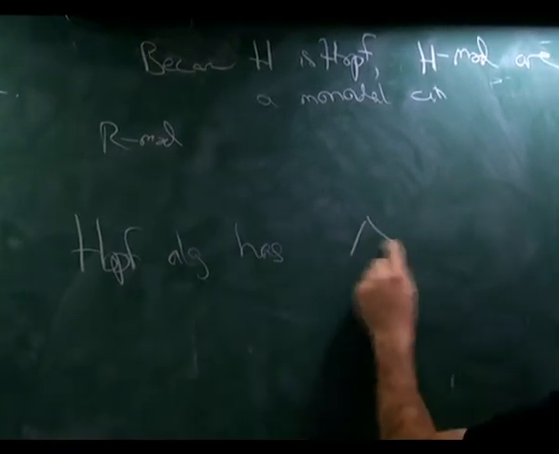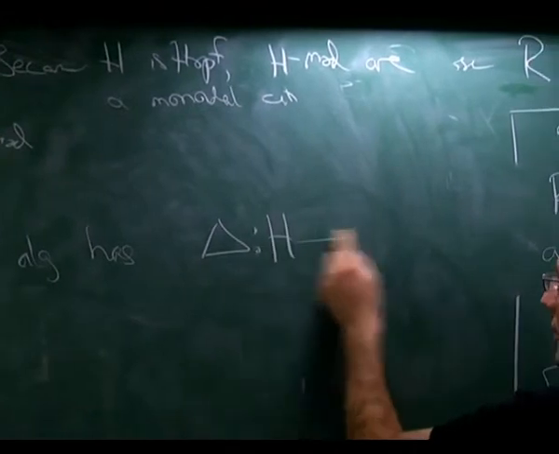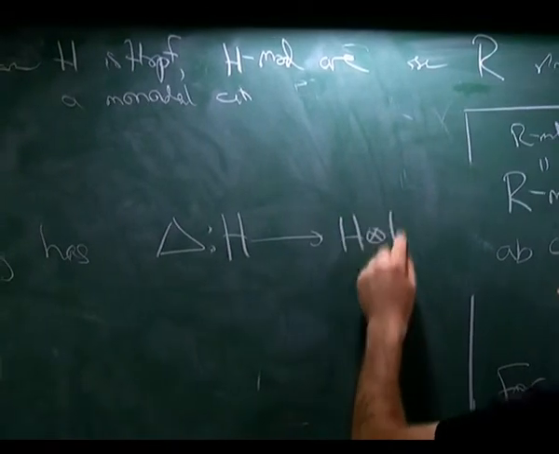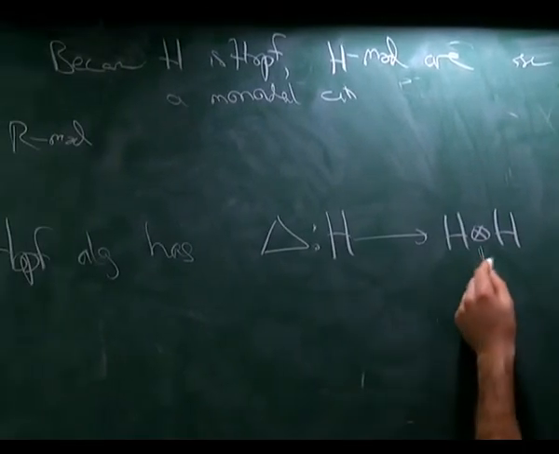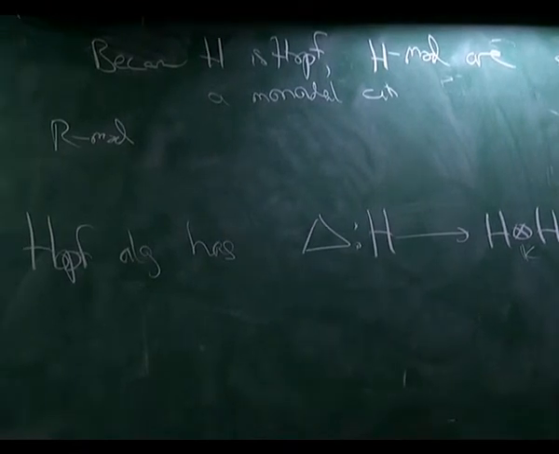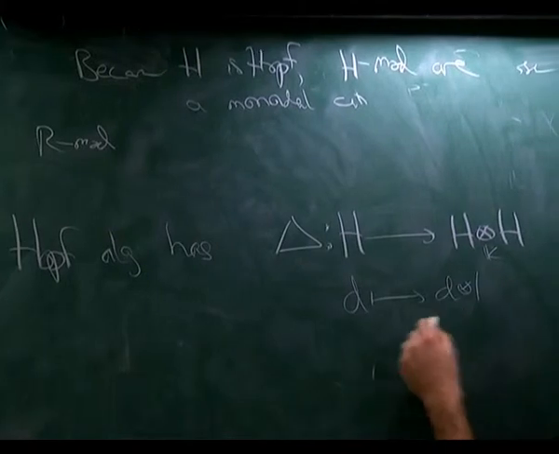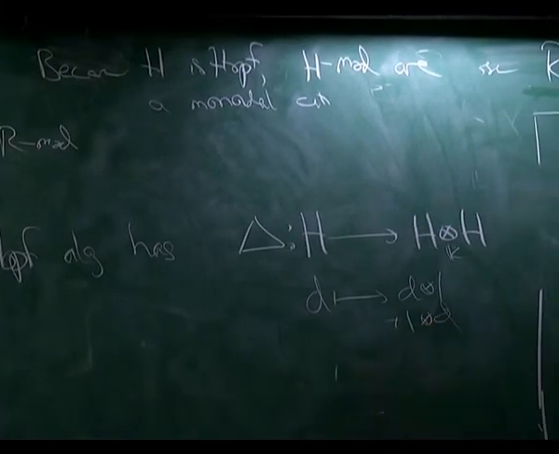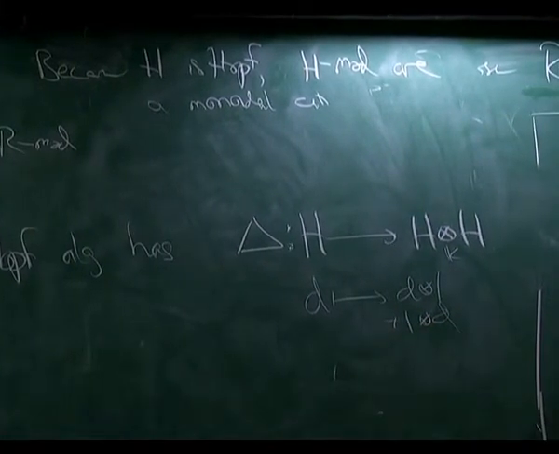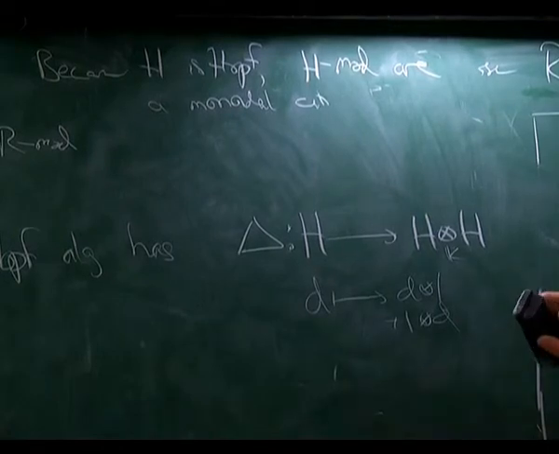Among other things, it has a co-multiplication map from H to H tensor H. So in this case, it sends d to d tensor 1 plus 1 tensor d. This is an algebra map, and I'll investigate that in a sec.